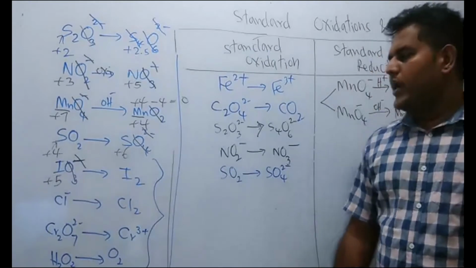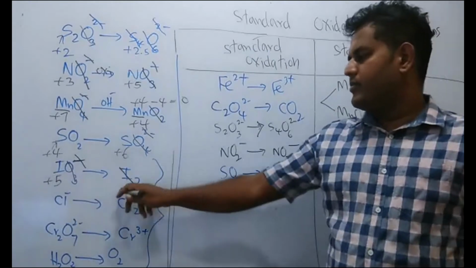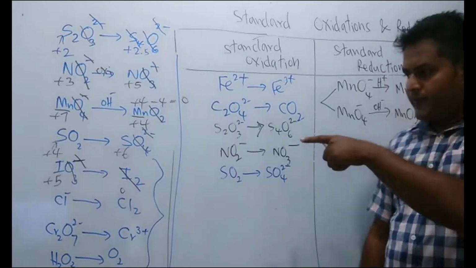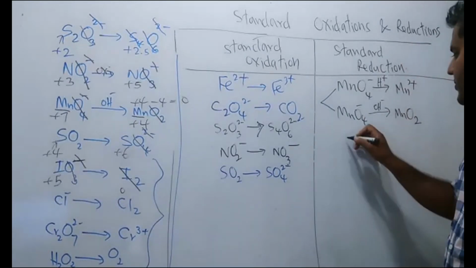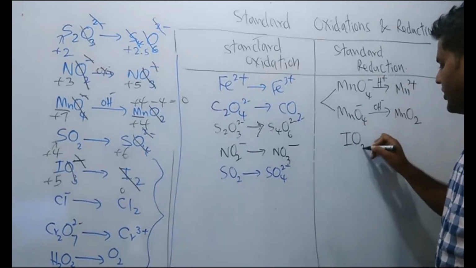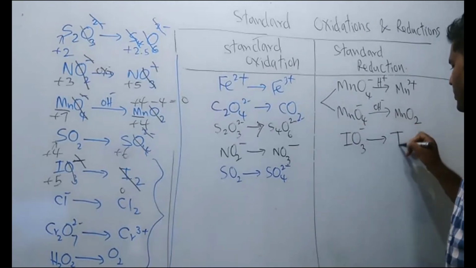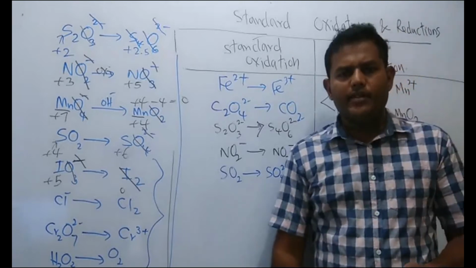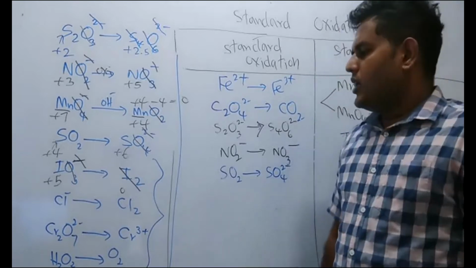Here 2 iodines are 0. So plus 5 to 0 is a reduction. IO3 minus to I2, reduction. It's a good exercise. Next one.